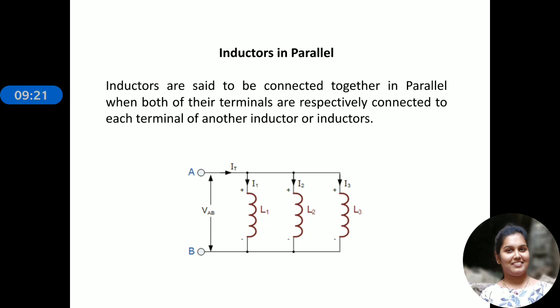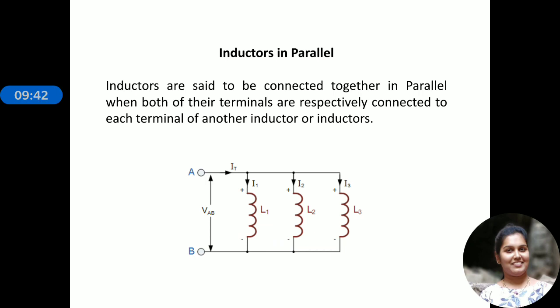This applies to all the components, like even for resistors and capacitors we have said the same, right? So here you can see that all the positive terminals of the inductors are connected to terminal A, and all the negative terminals of the inductors are connected to terminal B. This kind of connection we call a parallel connection.